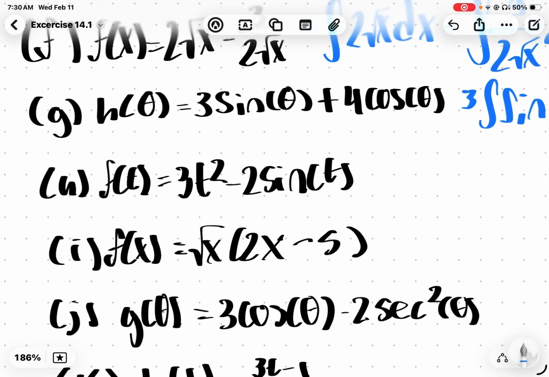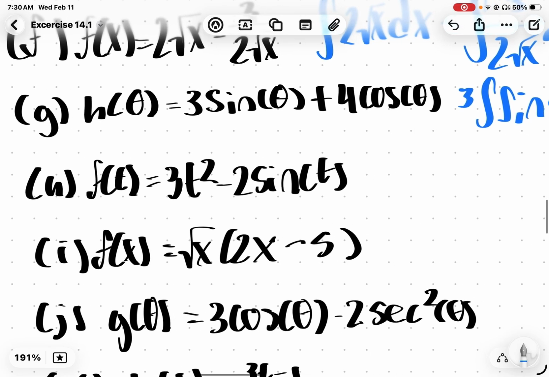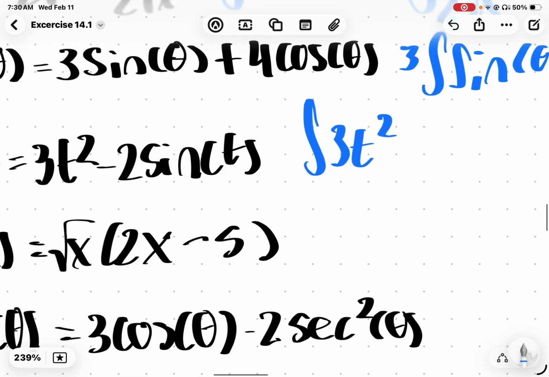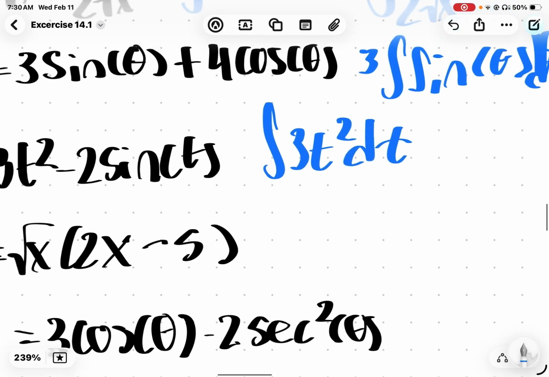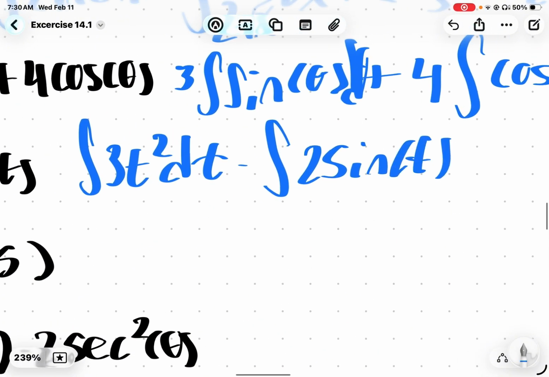For part H, we have f of t equals 3t squared minus 2 sine of t. So we have the integral of 3t squared dt minus the integral of 2 sine of t dt.